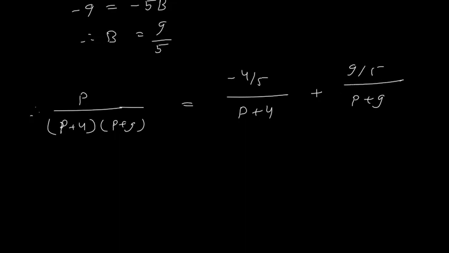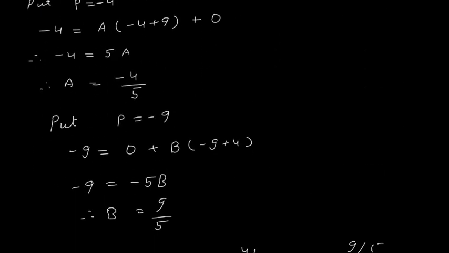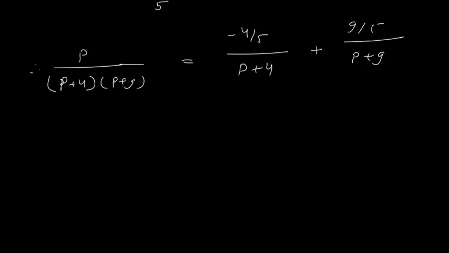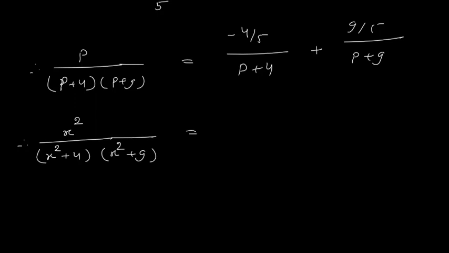Now p is x square, so x square upon x square plus 4 into x square plus 9 equals minus 4 upon 5 divided by x square plus 2 square, plus 9 upon 5 divided by x square plus 3 square.